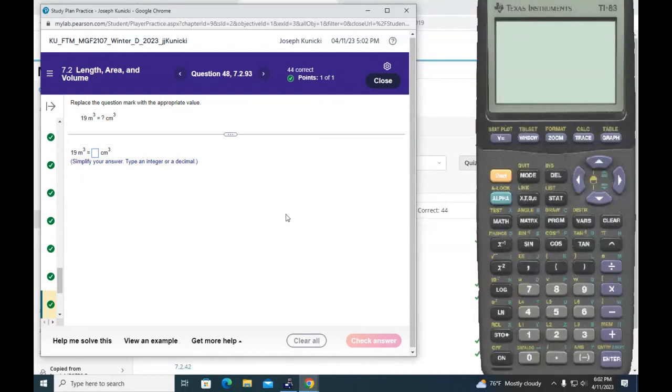Number 93. We're coming in for a landing. 19 meters cubed to centimeters cubed. So let's do this one. 19 meters cubed equals how many centimeters cubed? So this will be 1 million, right, if I cube it.